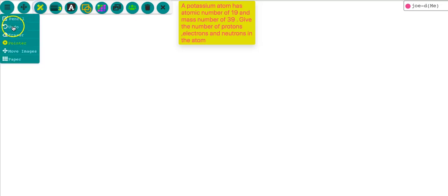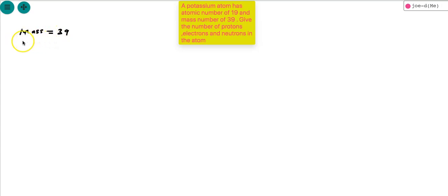Let's look at an example here. A potassium atom has an atomic number of 19 and a mass number of 39. Give the number of protons, electrons, and neutrons in the atom. Okay, so here we have our mass number, which equals 39.